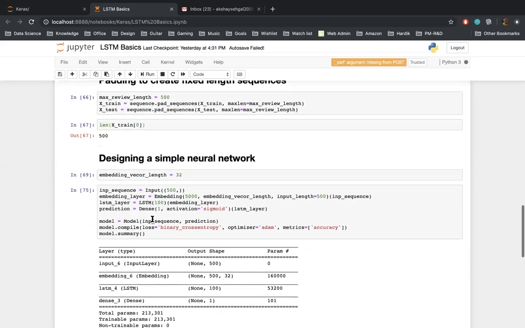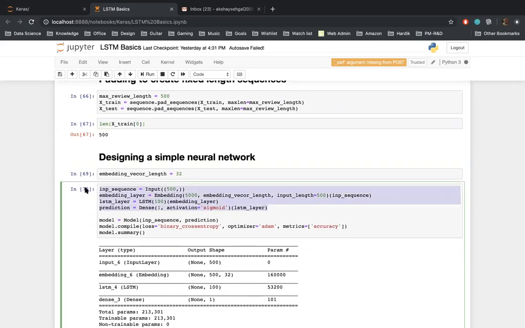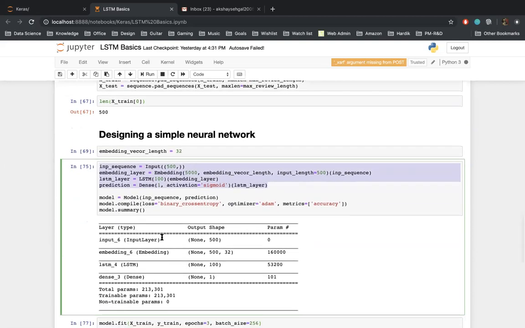Now, we'll go into a very simple model of how to use an LSTM, and then we'll analyze the layer and what's happening out there. So now you're passing as an input a 500 length sentence that becomes your input sequence. This is how you put it as a tensor. Before you hand it over to the LSTM, you need to have an embedding layer.